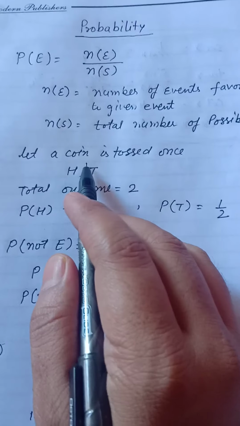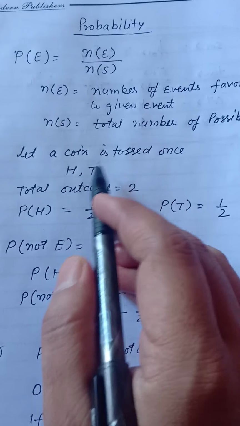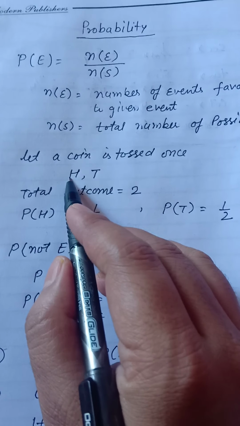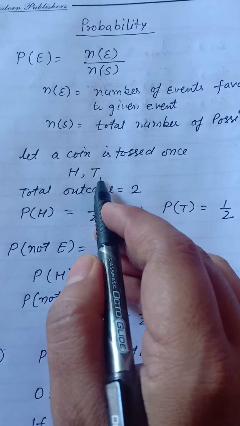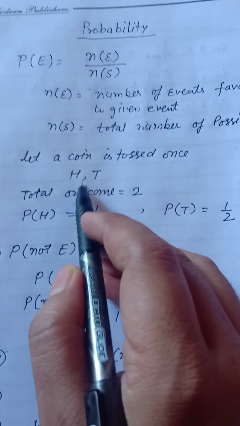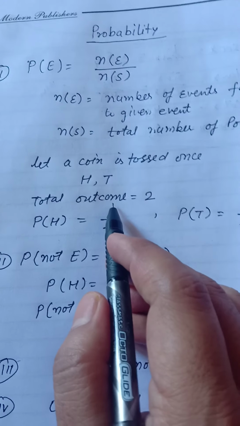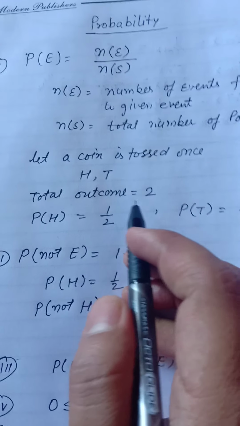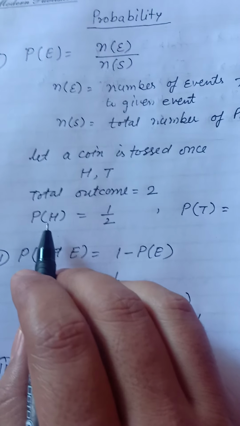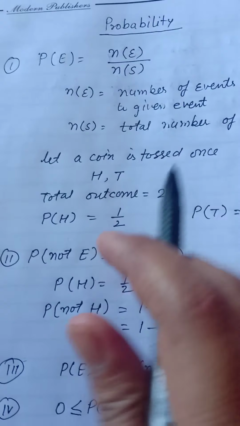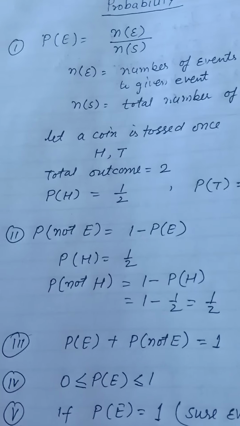Let a coin be tossed once. The possibilities that can happen are that either head can come or tail can come. So there are only two possibilities, so the total number of outcomes is two. Now it depends on the event whose probability we are finding.